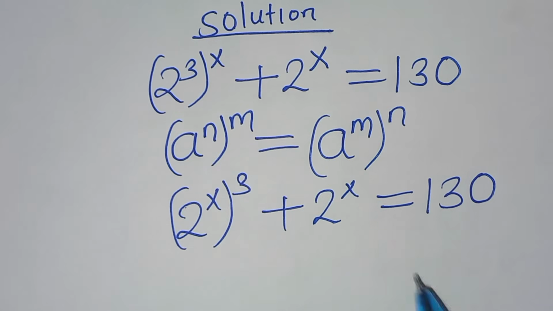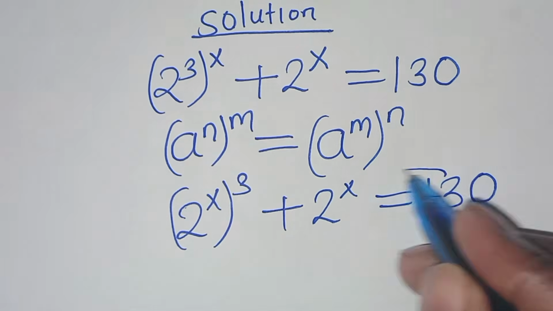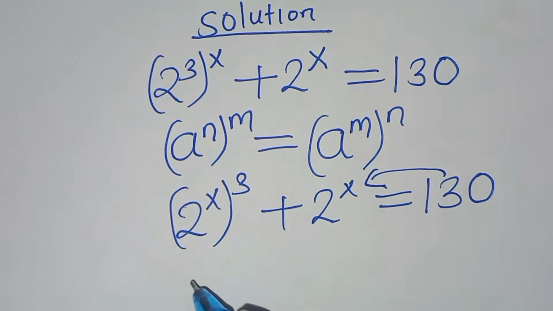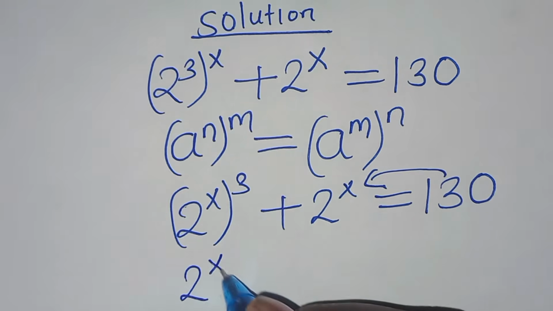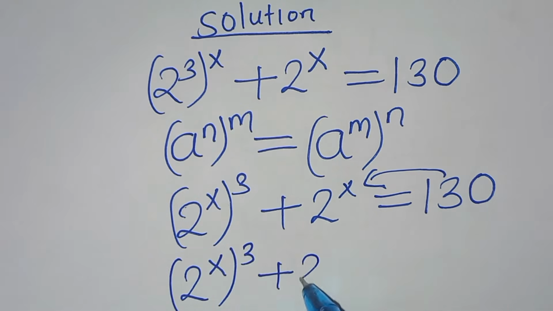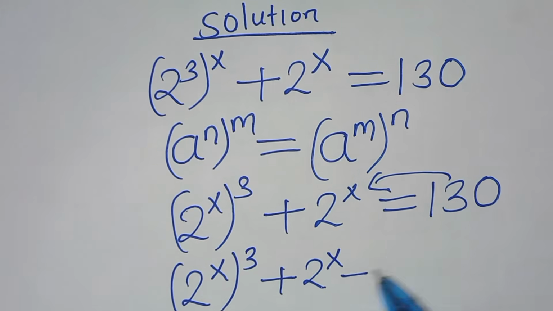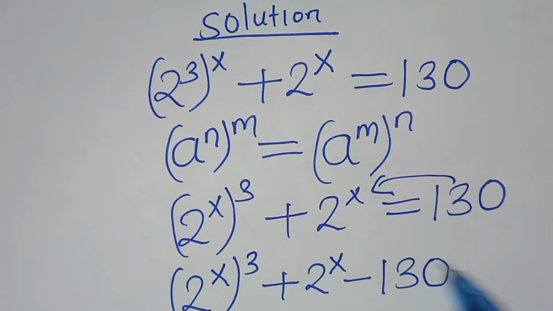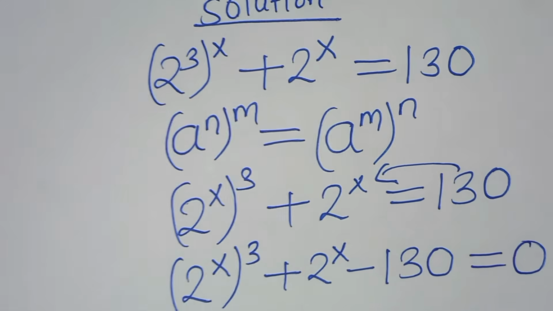The next step from here, let's take 130 to the left hand side so that we have 2 to the power x raised to the power 3, plus 2 to the power x, subtract 130. This is equal to 0.